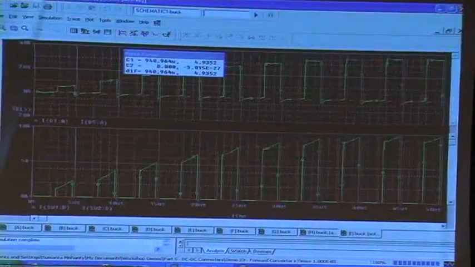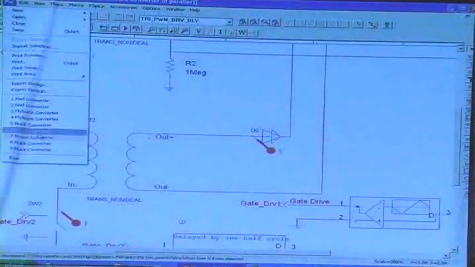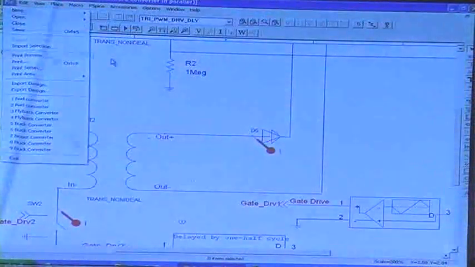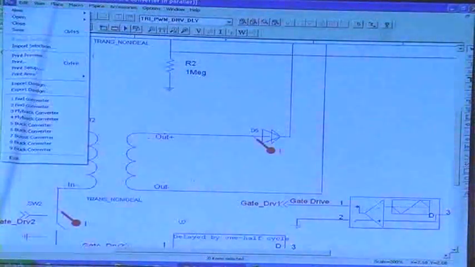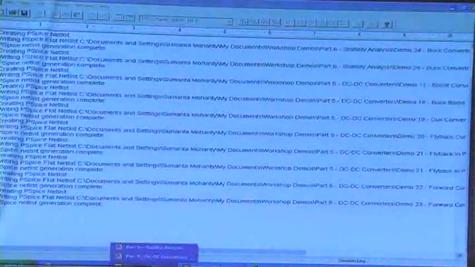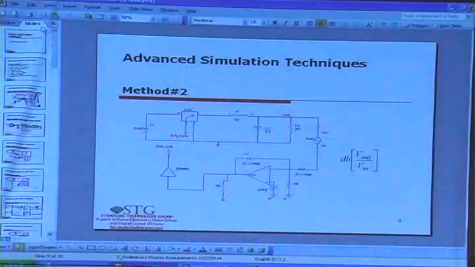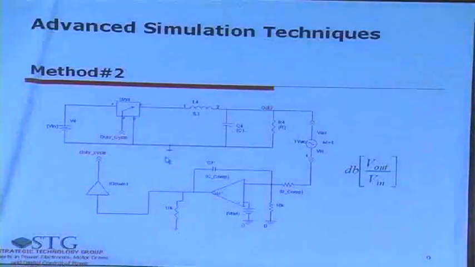That finishes that demonstration, and what we'll do is go through the stability analysis, and then try to wrap it up.